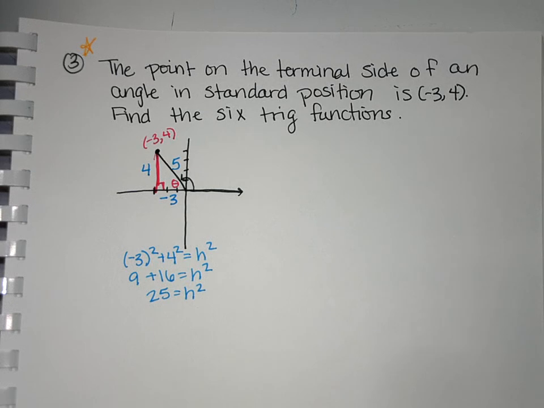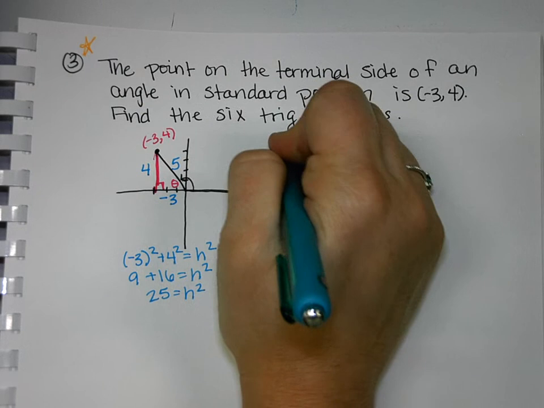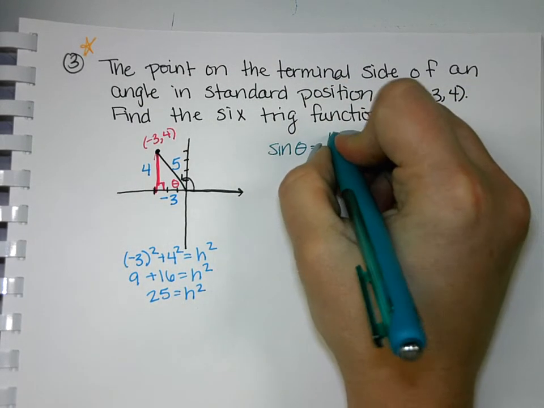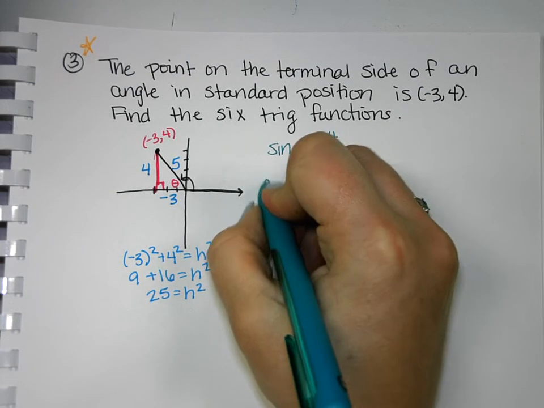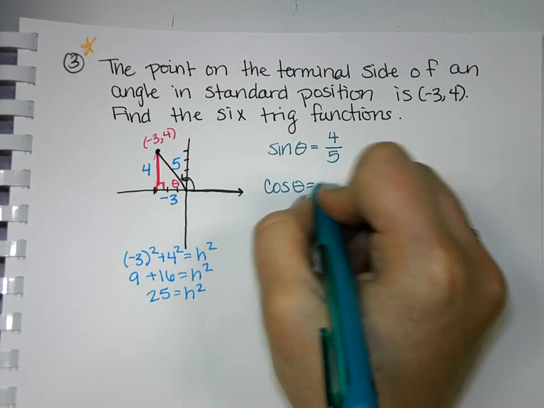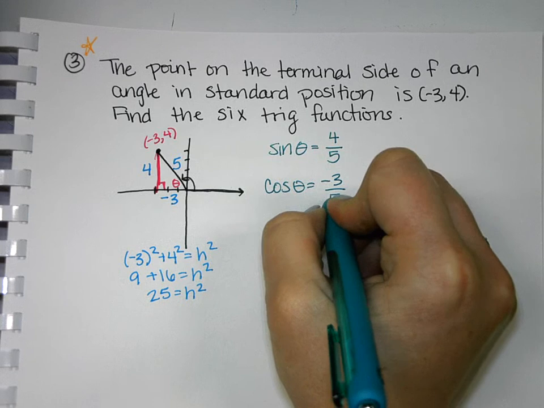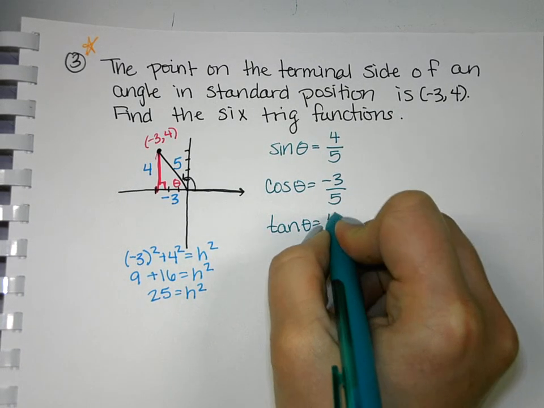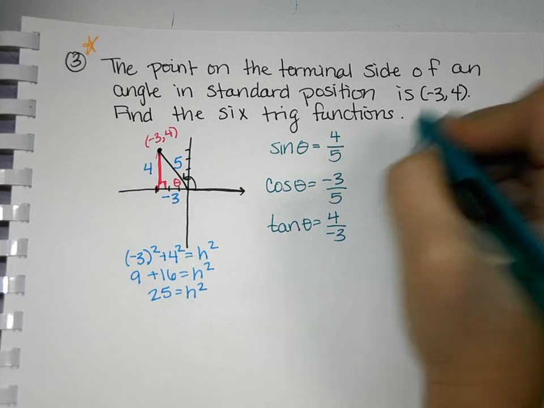Once you have all your sides, we can fill in our information just by reading off the sides. So sine of theta would equal opposite over hypotenuse. Cosine of theta will equal adjacent over hypotenuse. Tangent of theta would equal opposite over adjacent. And then their reciprocals.